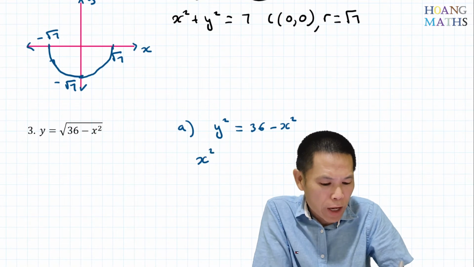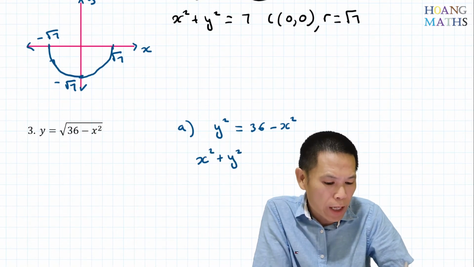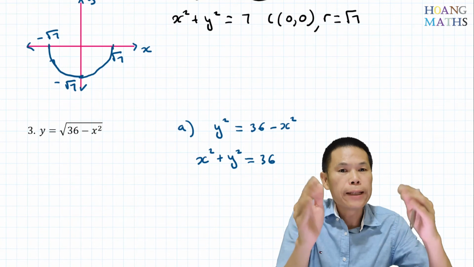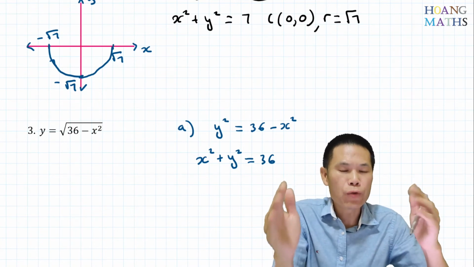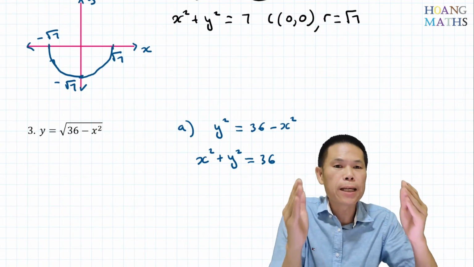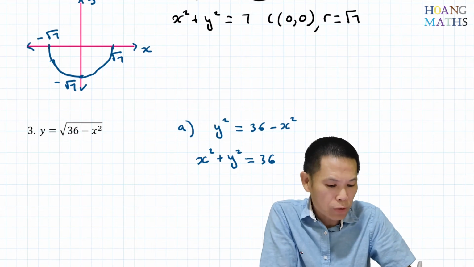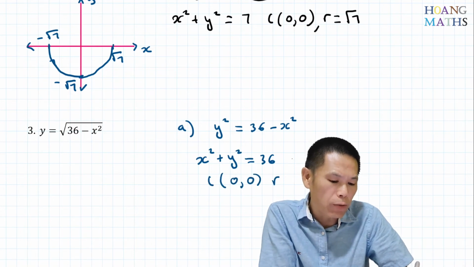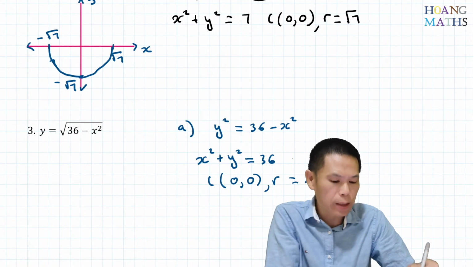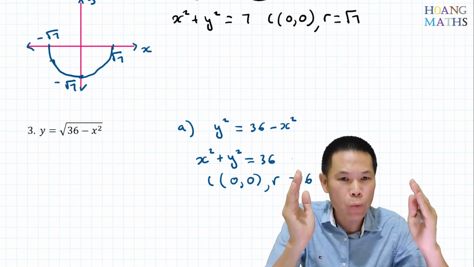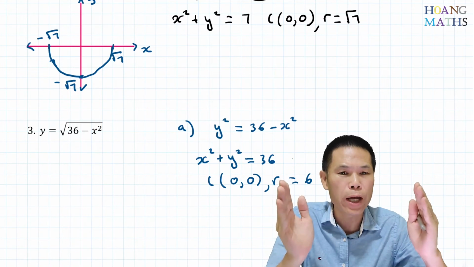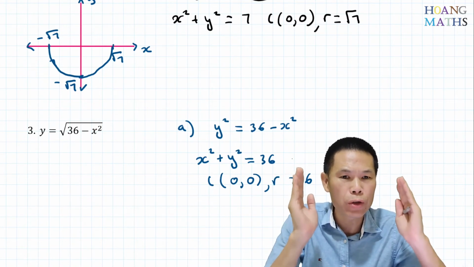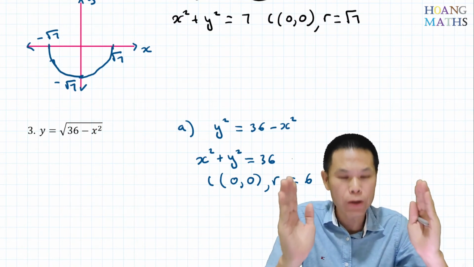So x squared plus y squared is equal to 36. This is a circle with the radius of 6 and the center is 0, 0. So I can just write this down. The center is 0, 0 and the radius is equal to 6, because x squared plus y squared is equal to r squared, with the center 0, 0 and the radius r. Okay, please take note of this.